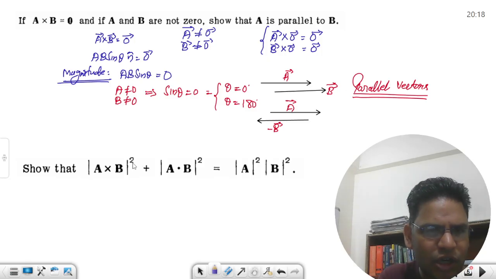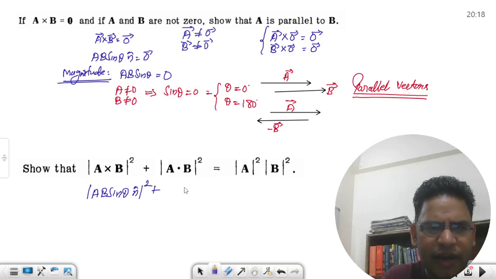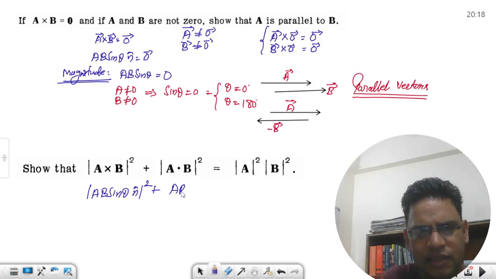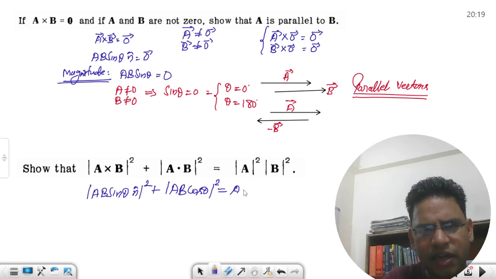मैं सीधा लिख रहा हूं because it is basically a b sin theta n cap, and it is squared because this is the magnitude part. This is the a b cos theta squared part. So what do you get from here? You get a squared b squared sin squared theta.